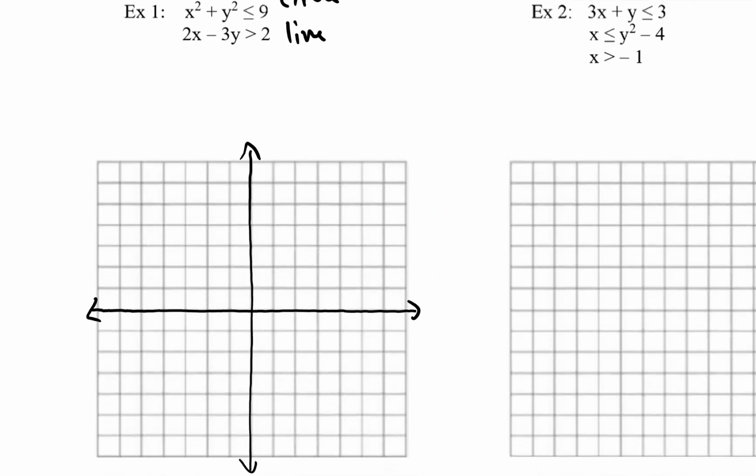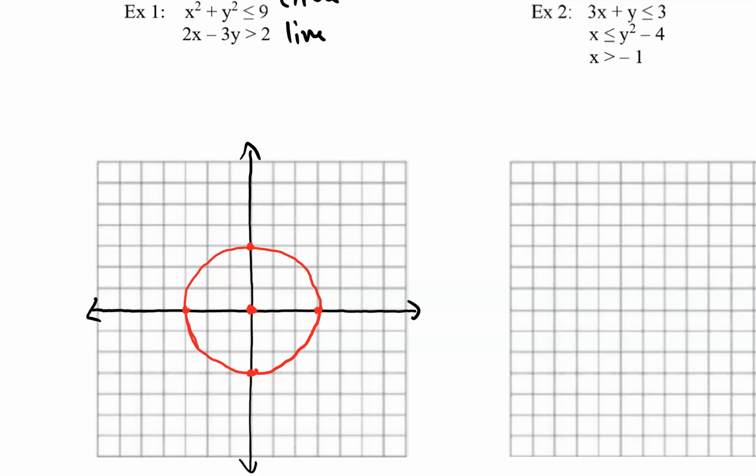So for the circle, we can do that one fairly quickly. The center of our circle is right here at the origin, and it has a radius of 3. So we're going to go down 3, over to the right 3, and then as best you can, try to make your circle. I know it's not the easiest thing to do, but do your best.